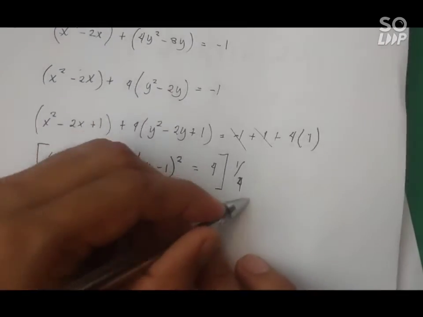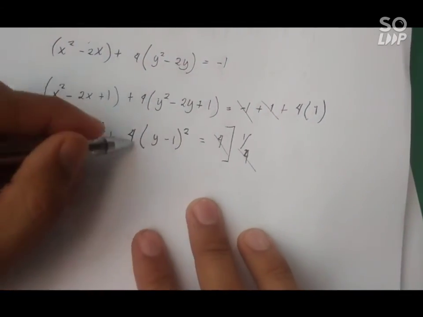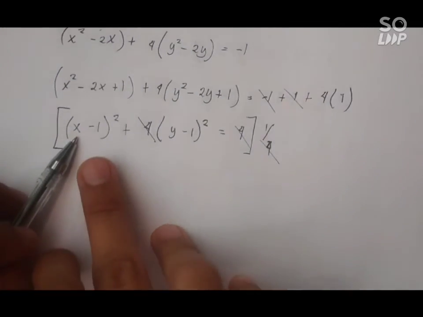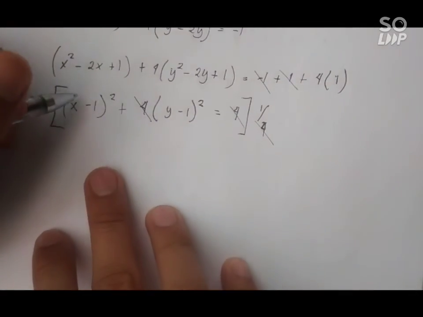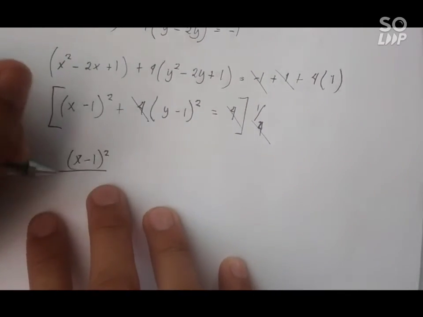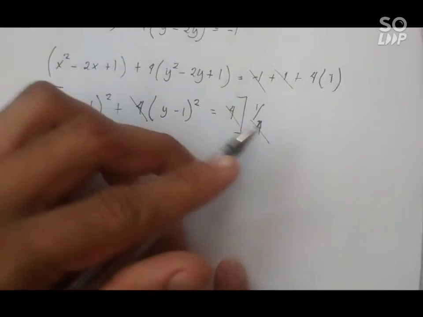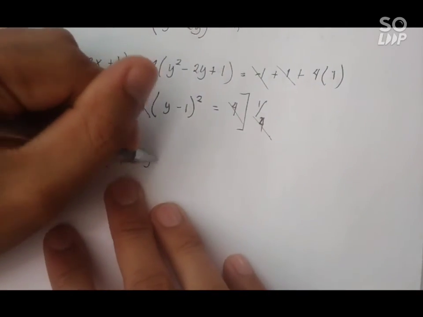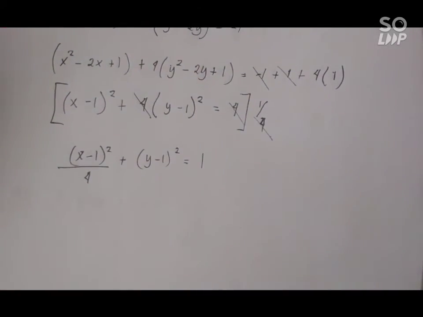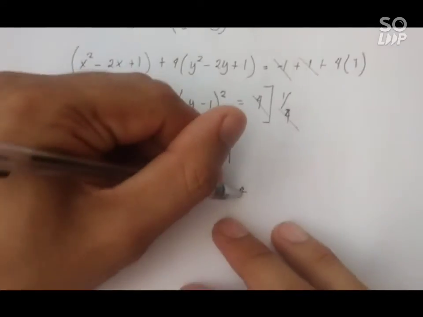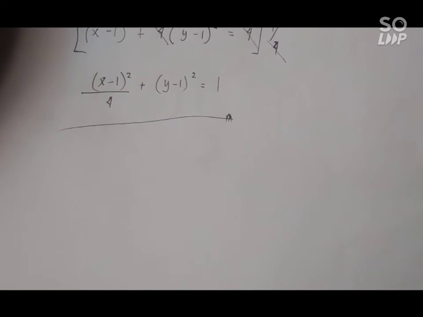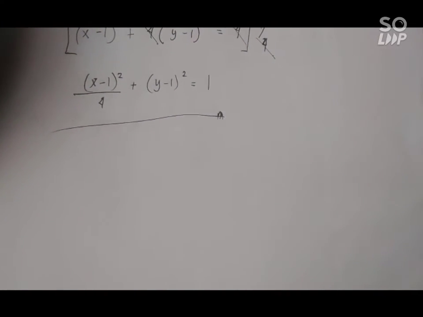So cancel out, so which is ang karon na lang magpabilin, so x minus 1 squared over 4 plus cancel out mo siya, so y minus 1 squared equals 1. So naa na siya equation bag-o. So ang ato ari ay ellipse ni.